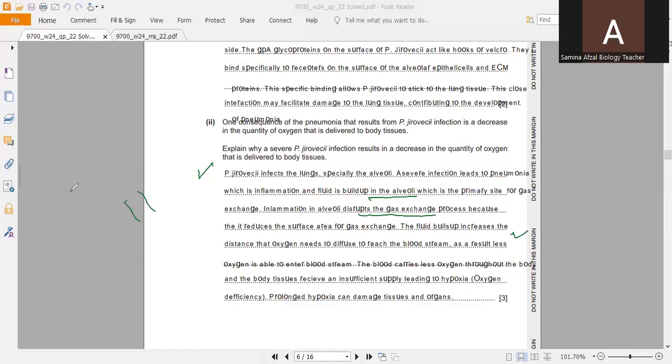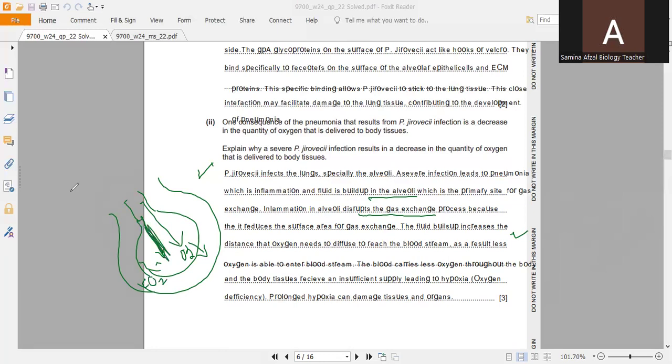You know, in the alveolus, the exchange of gases takes place. So oxygen, which we inhaled, is in higher concentration, and it has to move inside to the blood. Whereas carbon dioxide, which is a waste product, has to move out of the body.